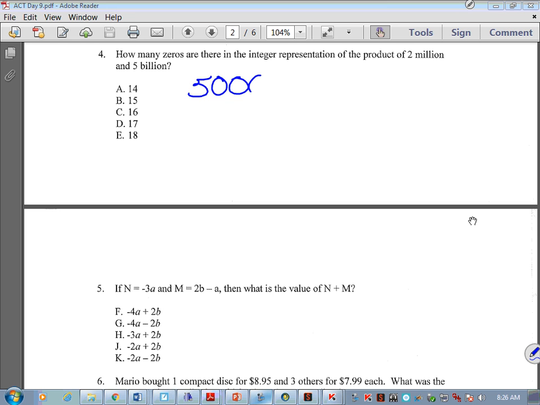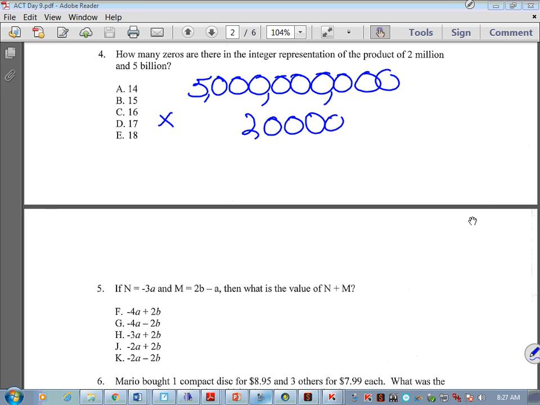1, 2, 3, 4, 5, 6, 7, 8, 9. I believe that's going to be my billion times 2 million. Okay, so 2 million. Okay. What am I going to get whenever I multiply that set of zeros? Am I going to basically add the zeros, right?